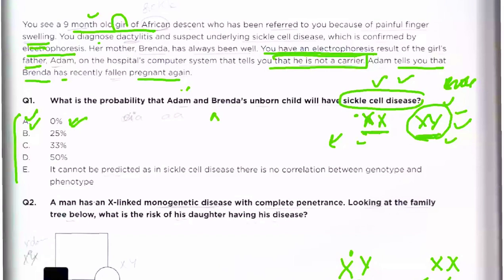Okay. Now, the next question: a man has an X-linked monogenetic disease. Monogenetic means a single gene that is defective, with complete penetrance, meaning if it is present, it will show all the phenotype of the disease.